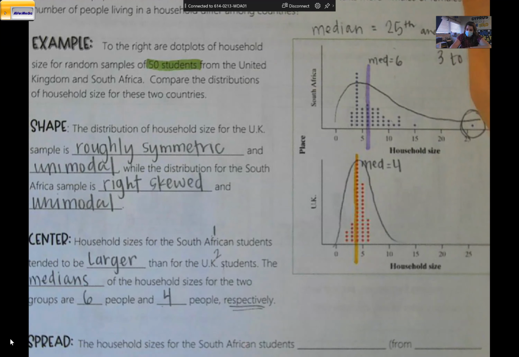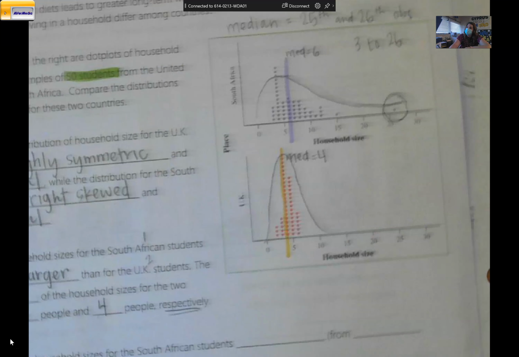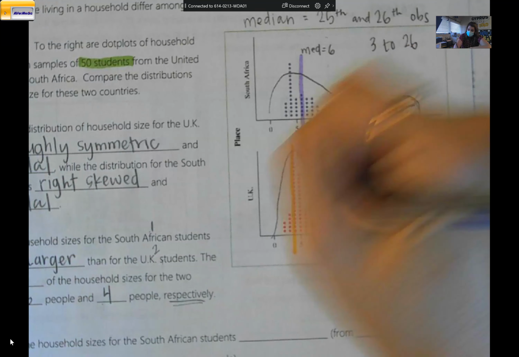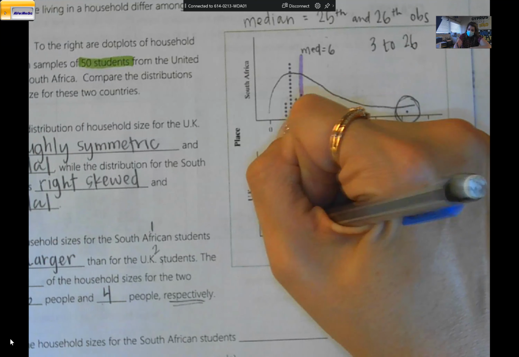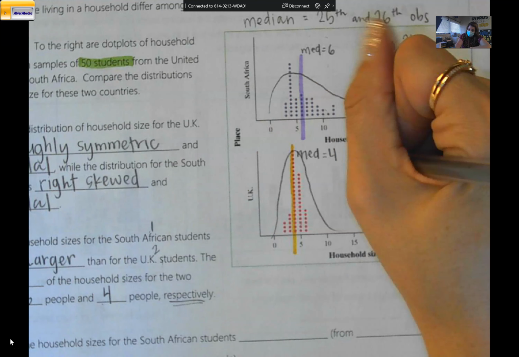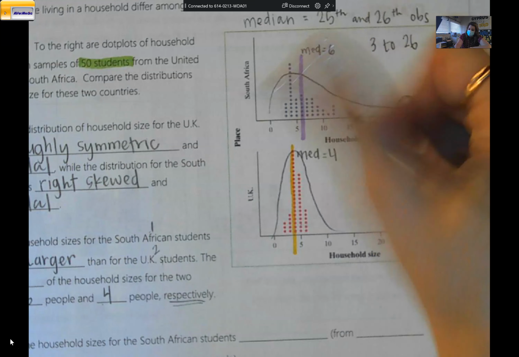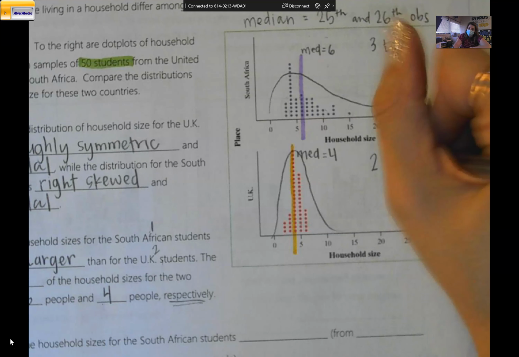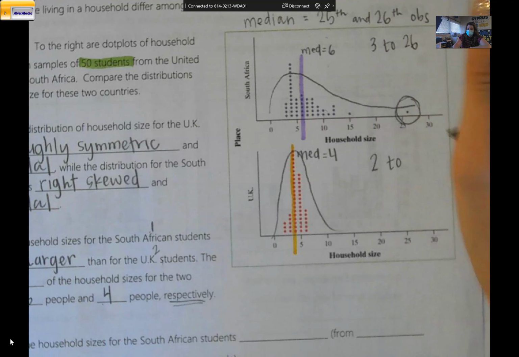I think it's 26. And then what was the lowest for the UK? 5, 4, 3, 2. I think this scale is wacky, but I think that's 2. What's the highest number?